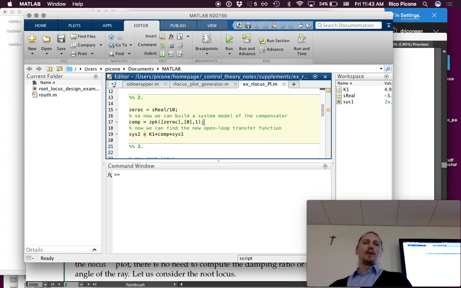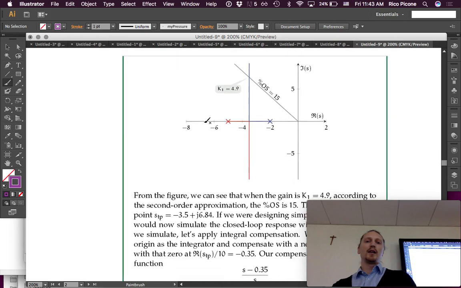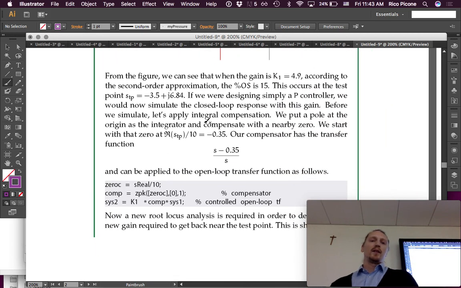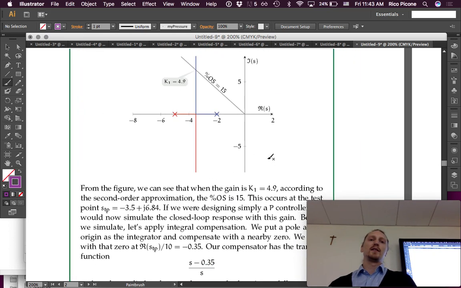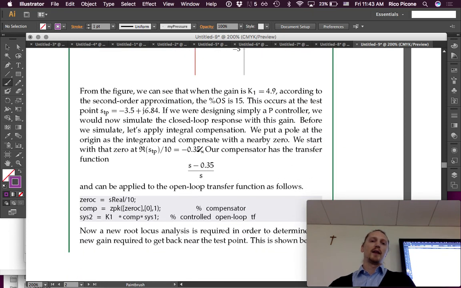So if we were to come back here, the compensator is going to look like S minus whatever that value is we decide to put the 0 at, divided by S, the integrator. So if we put it at negative 0.35, that corresponds to 1/10 of the way to negative 3.5, right?